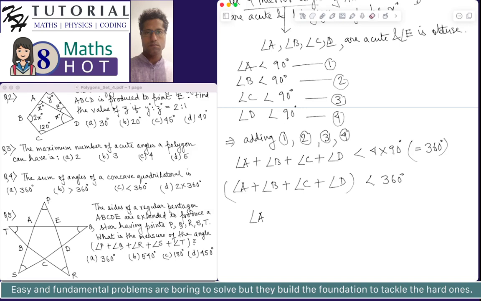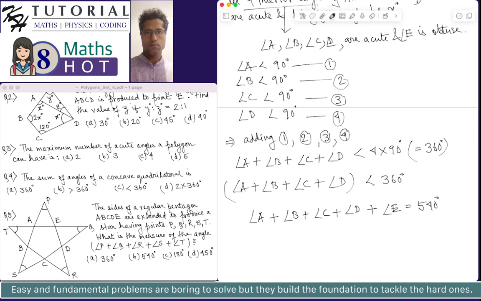We also must have angle A plus angle B plus angle C plus angle D plus angle E equal to 540 degrees.